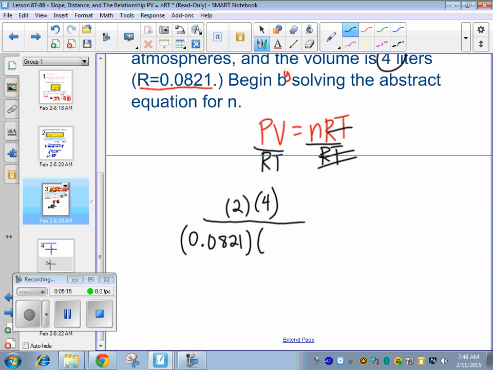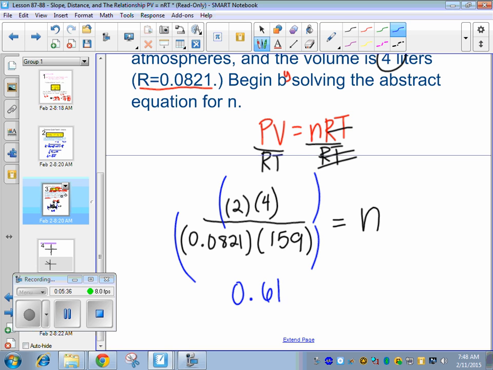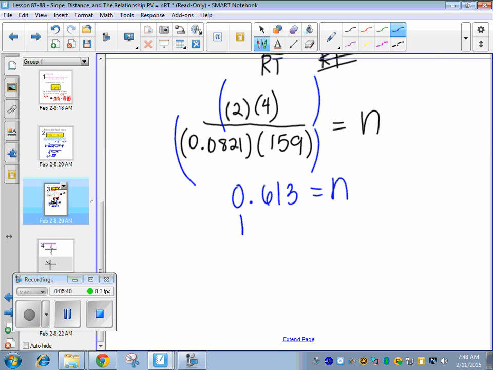Yep, 159 kelvins. Okay. When you plug it into your calculator, again, make sure you have parentheses and then divided by, or if you have the Inspire, that's doing fraction. And anybody got that decimal for us? Max? Good. And since we're solving for n, we label moles.